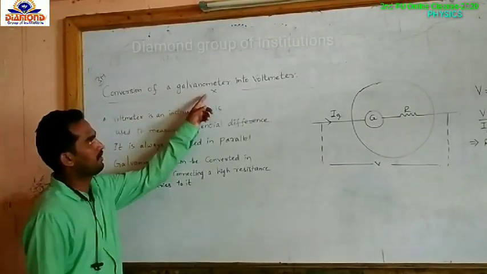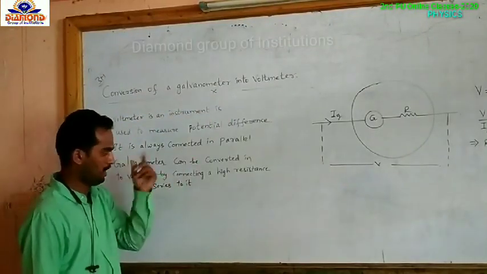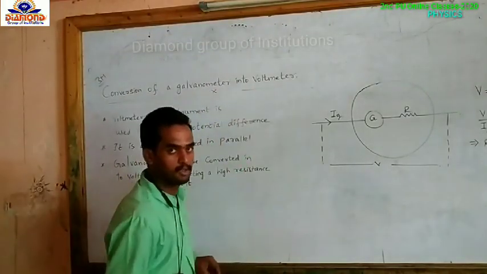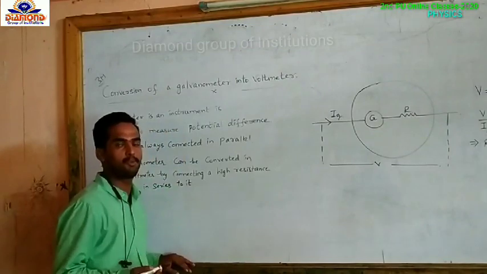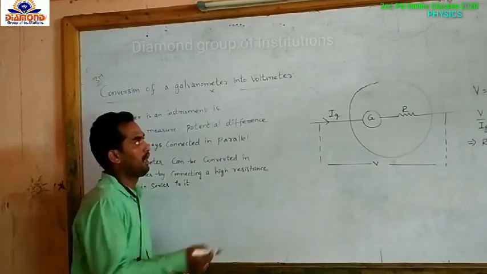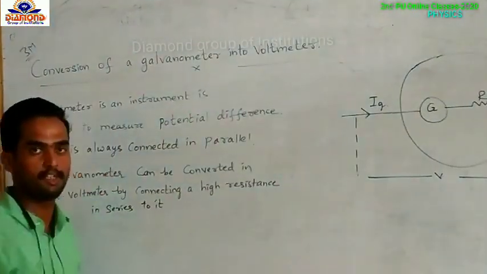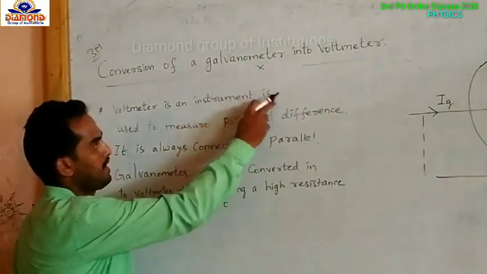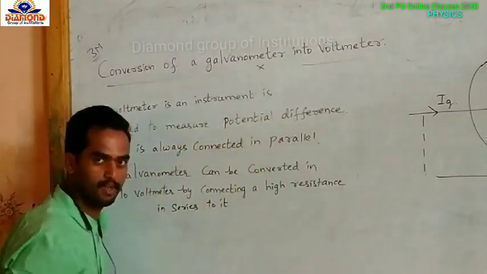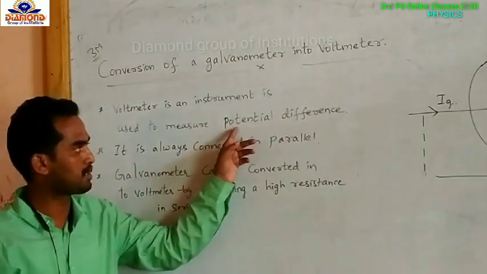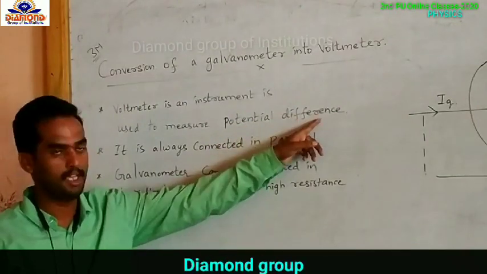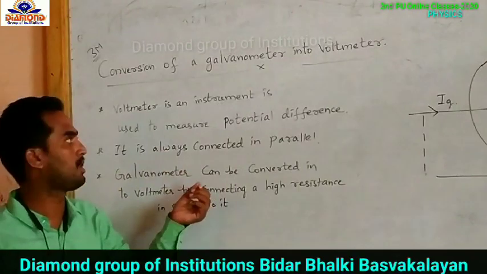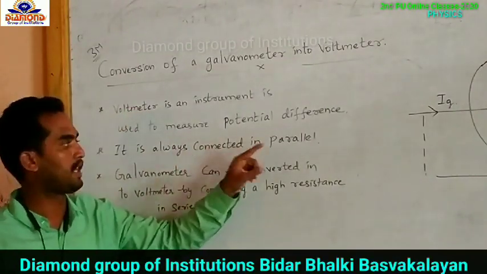Conversion of a galvanometer into a voltmeter. Last time we discussed conversion of a galvanometer into an ammeter. What is an ammeter? It is an instrument used to measure the current. And what is a voltmeter? It is an instrument used to measure the potential difference, with symbol V. The voltmeter is always connected in parallel.